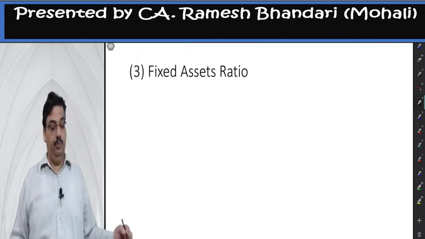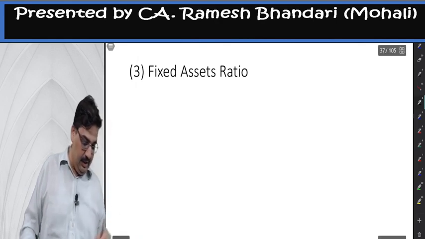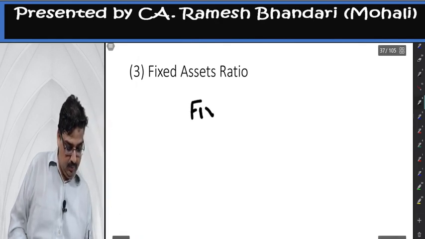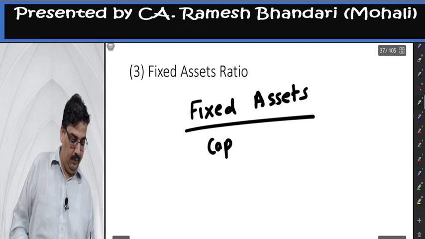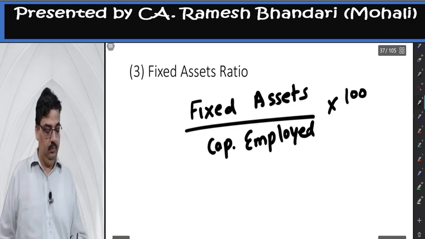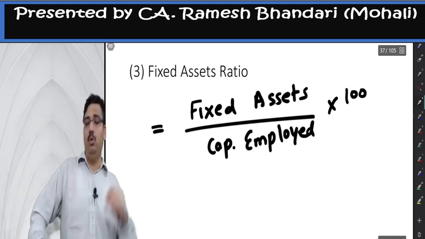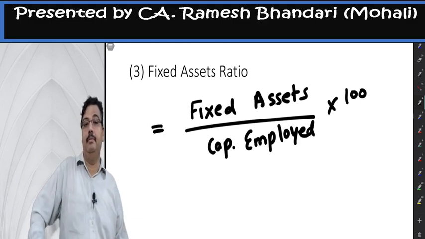Fixed assets ratio. It's a very easy formula. Fixed assets divided by capital employed into 100. I'll give you this, you don't need to note even. I'll give you with all written there, whatever I'm writing.